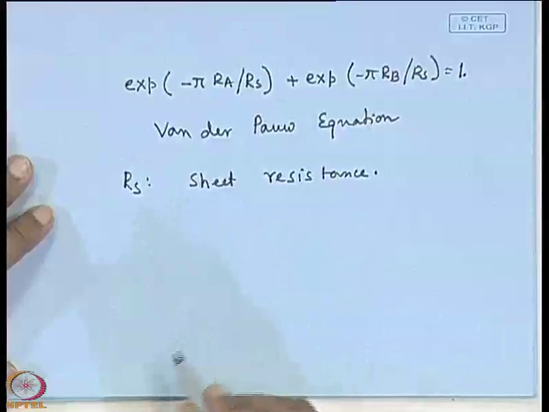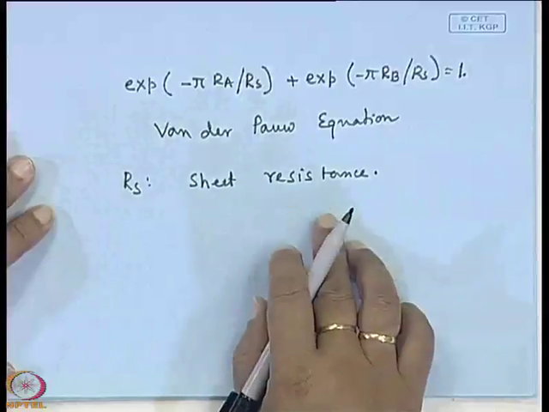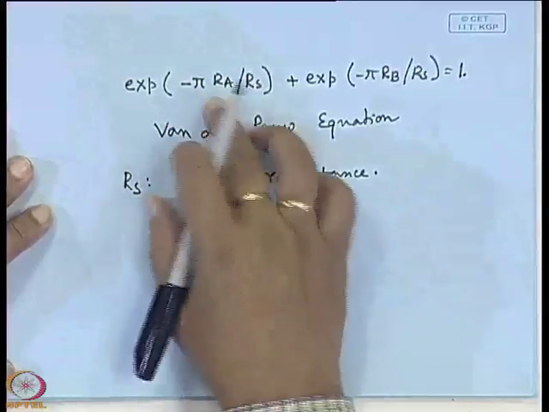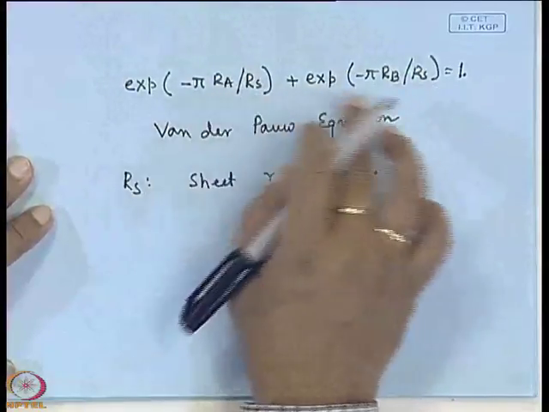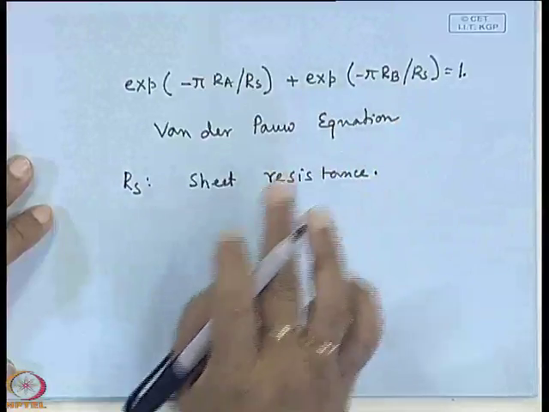And R A and R B are the two characteristic resistances which we would like to measure using our Van der Pauw configuration. Okay. R S is the sheet resistance and R A, R B are the two characteristic resistances.